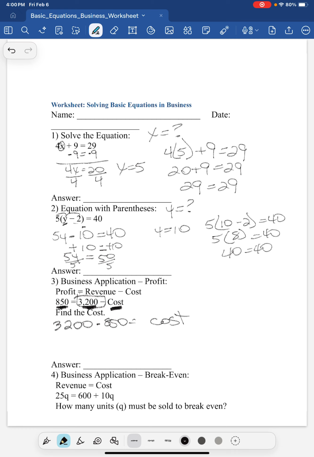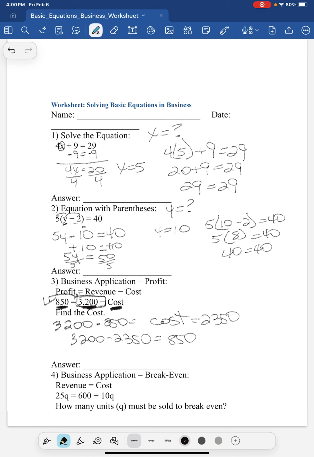And if you subtract that number out, you get $2,350. And the way you check that is to just go back and say, does 3,200 minus 2,350 equal 850? And if you go to your calculator and do that problem, you see that it does. And so that's how you solve that. You just move this whole thing over here.